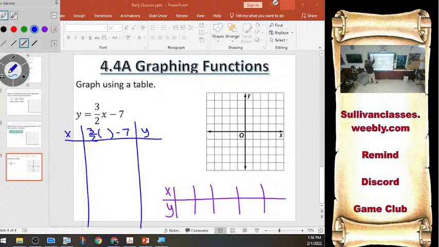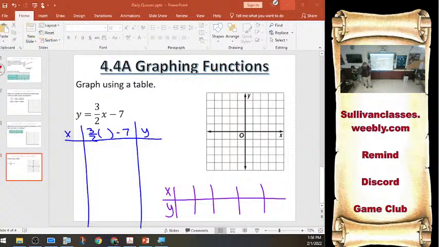Either one of these ways works. Option 1 says, I'm going to do the work. This is how I graph things when I have no clue how to graph them.